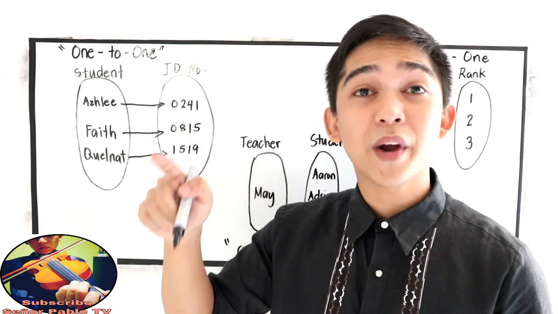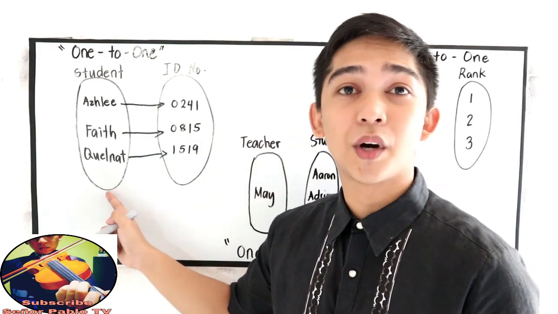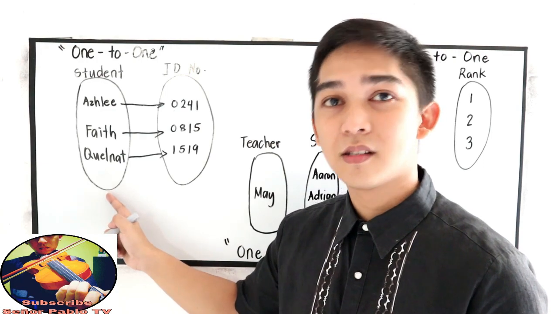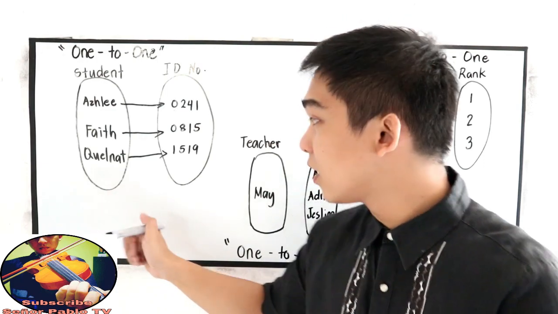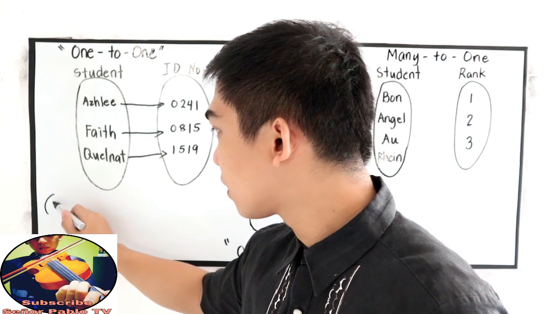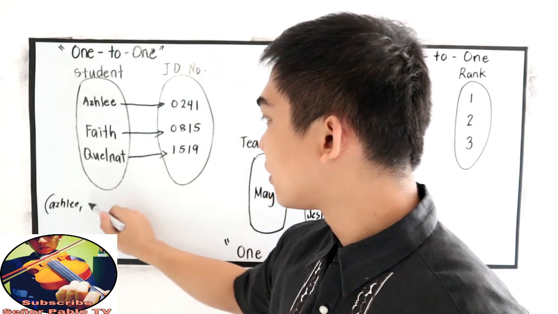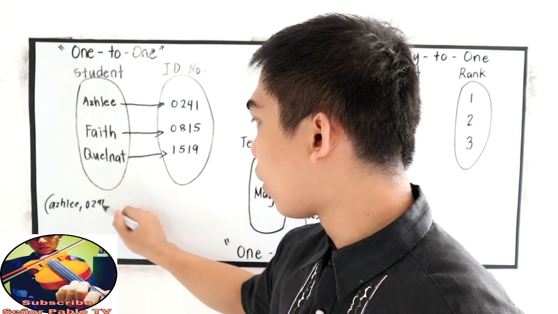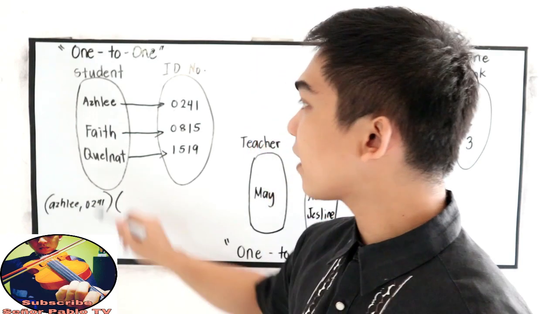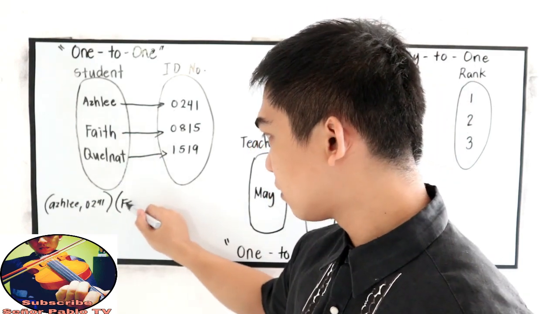So if we're going to write this in our coordinate or ordered pairs, this will be Ashley, 0241. Next, Faith.